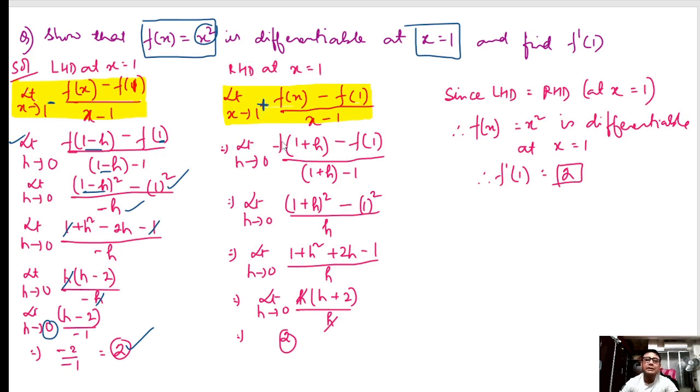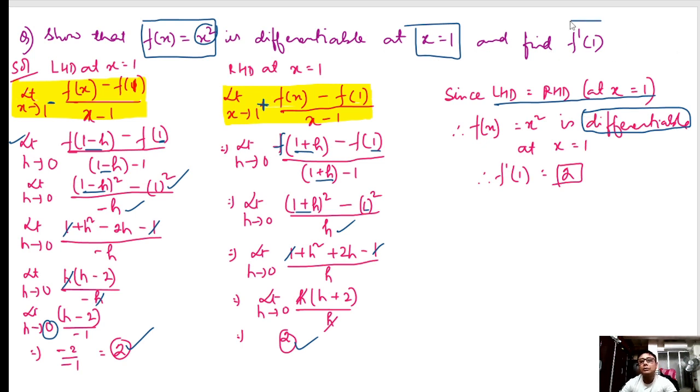So limit h tends to 0, and in place of x I will put 1 plus h, minus f(1), by 1 plus h minus 1. So solving this, we get this 2. That means we see that the left hand derivative is equal to the right hand derivative at x equal to 1. So it is differentiable at x equal to 1.